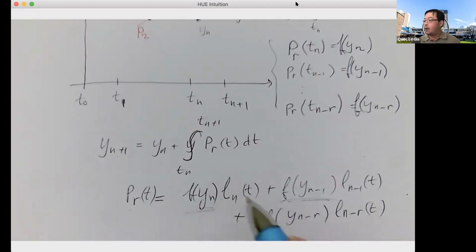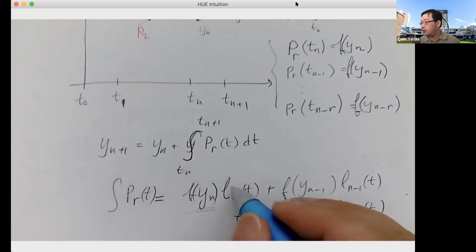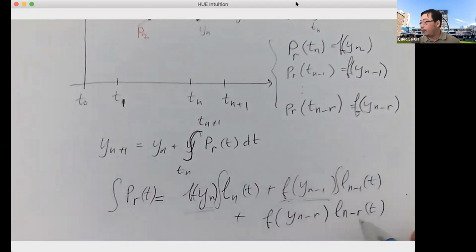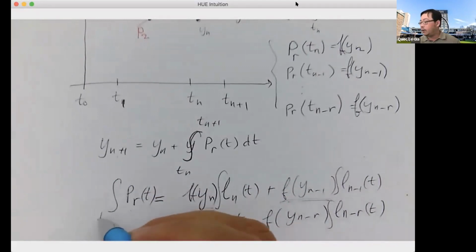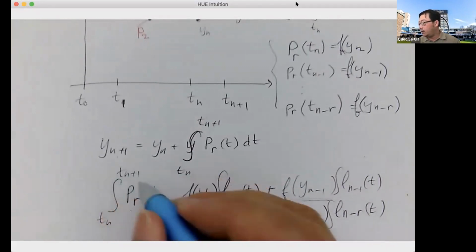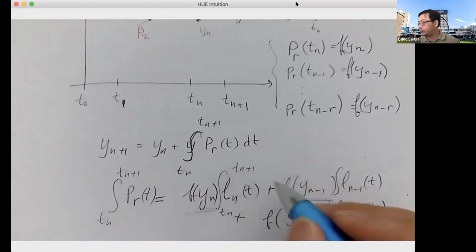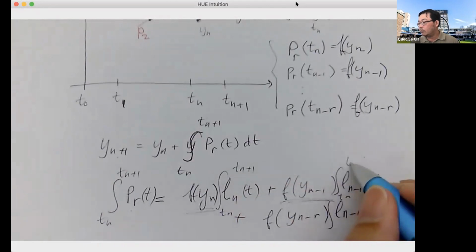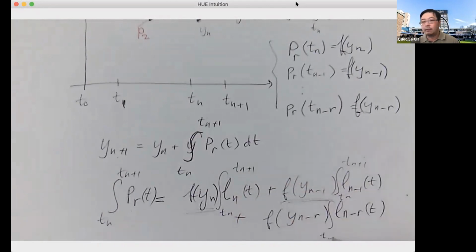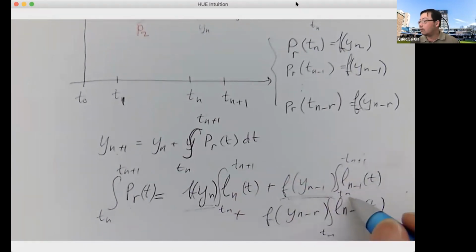If you integrate this, you need to know only the integral from Tn to Tn plus 1 of those Lagrangians. Okay, and then this gives you the Adams-Moulton method. So that is the idea.